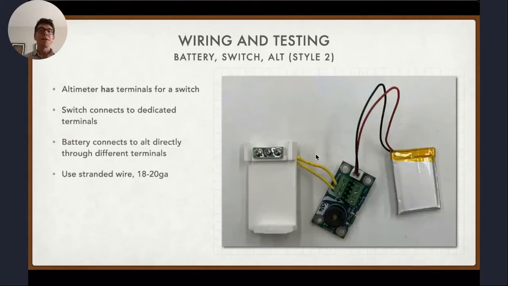Okay, so here's what I call style 2. This is an Altus Metrum Easy Mini. This has a switch wired separately. You can see the two yellow wires running leftwards from the unit go to the switch, and then the battery is permanently mounted. So in this arrangement, the switch is part of the unit rather than having the user install it between the battery and the altimeter.